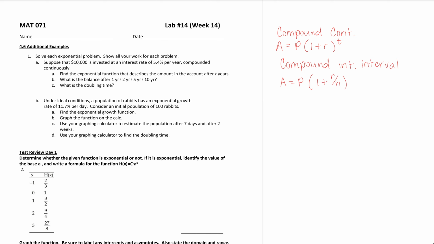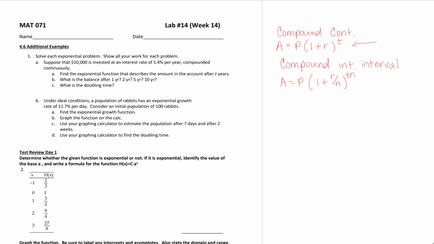That's the number of months, raised to the power of T times N. Again, this is like if it was quarterly, yearly, or not yearly. Yearly is actually whenever we use just the top one. That's yearly. When we're talking about monthly, bi-monthly, whatever it might be.